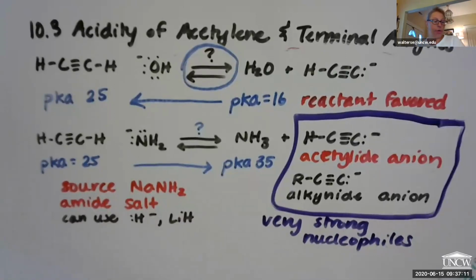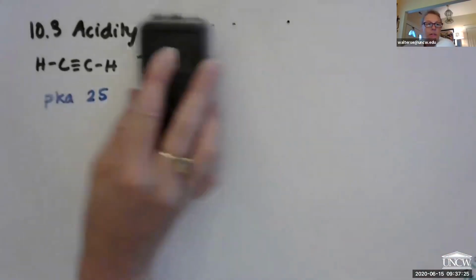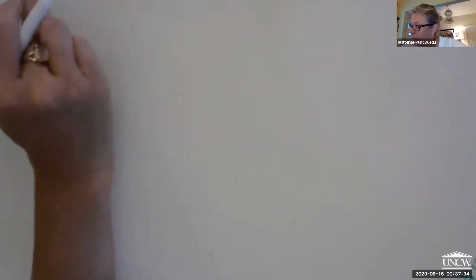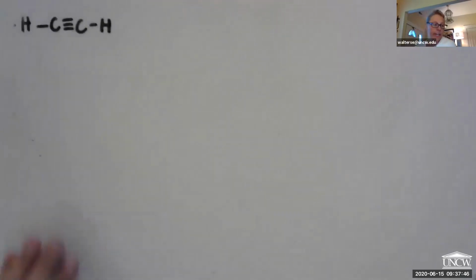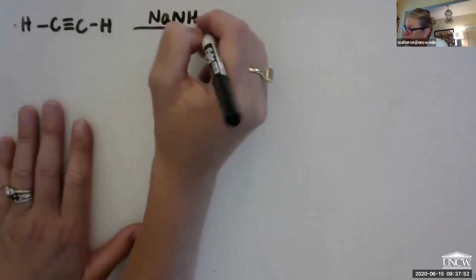All right, so I'm going to show you a reaction where we lengthen the chain, and then we will start reviewing for the exam. Let's say we take acetylide, oops, can't have double bonds to hydrogens, and we put this into sodium amide and ammonia.